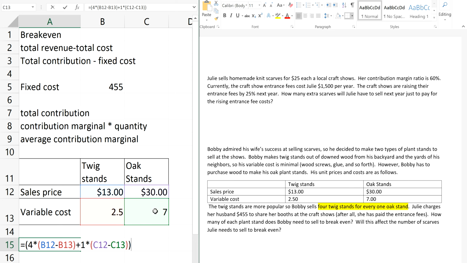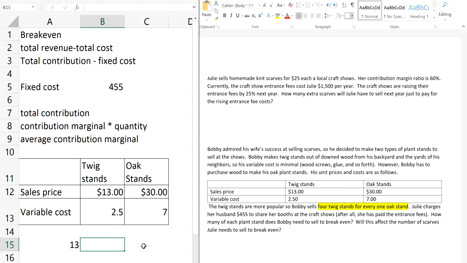And then for the average, we're going to divide it by 5. So every 4 wicker stands and 1 oak stand will give the average for every stand. Okay, so the average contribution margin is $13. This is the average contribution margin.